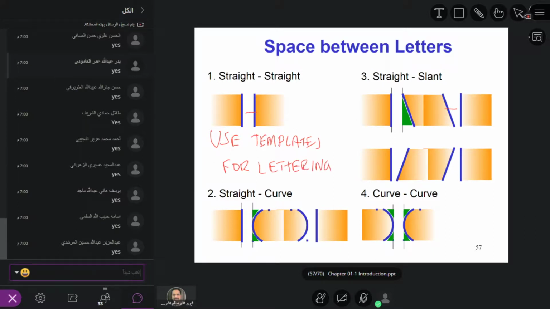Because the template will take care of all this spacing, whether it is straight or slanting, inverted slant, or a curve. Everything will be taken care of by the template. So I would suggest you buy a template in order to get good grades. Those who are concentrating to get A plus, you must buy a template.